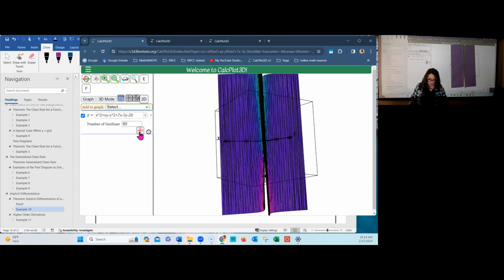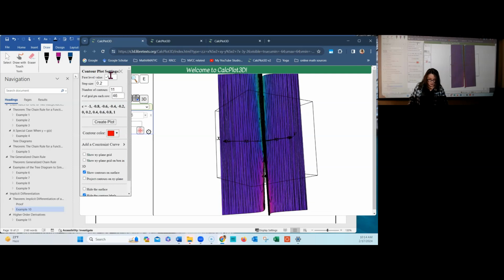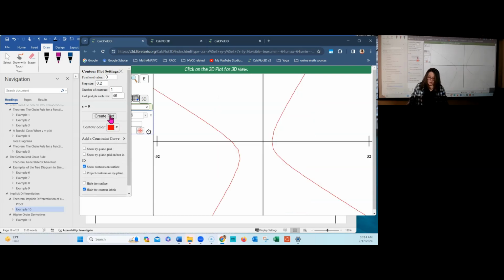So to do that, you would click on the contour plot icon. You would select the first level value to be 0, and you would only choose one contour. Then you can click on Create Plot, and you'll see the curve as it's projected into the XY plane.